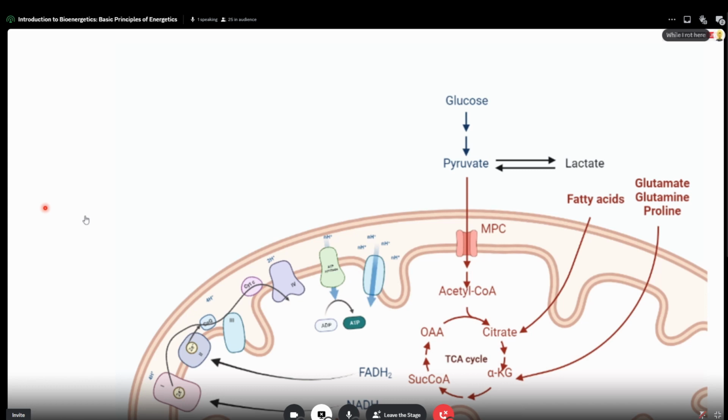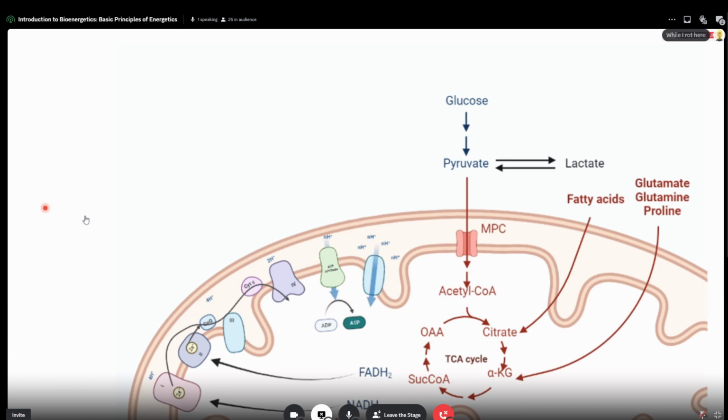So when we breathe oxygen, a large part of the oxygen in our body is utilized to support this electron accepting feature. So the final electron acceptor in our body is oxygen, and that's why we largely breathe oxygen to serve as the final electron acceptor at complex 4. So you have this electron finally being accepted by oxygen, and it forms water.